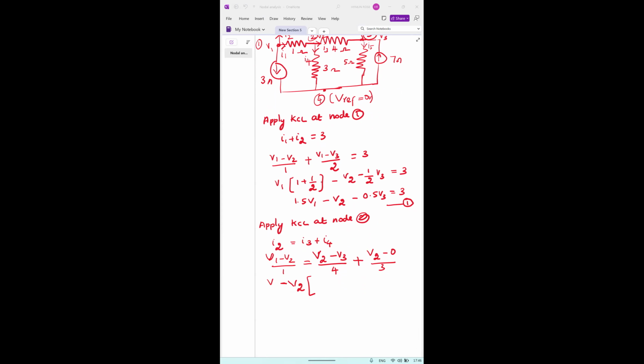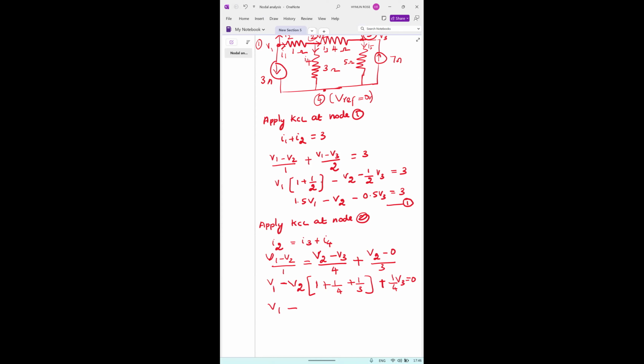Now bring all these terms to one side. So V1 minus V2 times (1 plus 1 by 4 plus 1 by 3), and the minus becomes plus here, so plus 1 by 4 V3 equals 0.